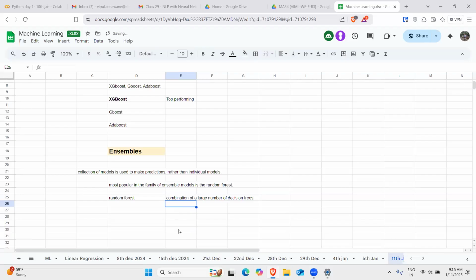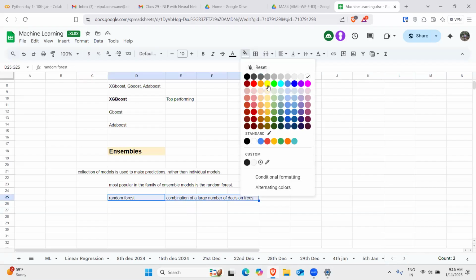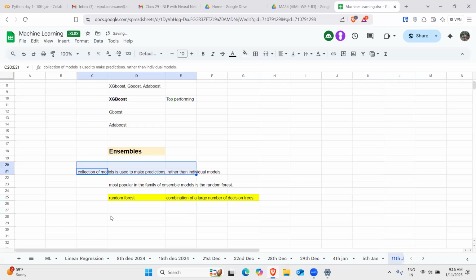In principle, ensembles can be made by combining all types of models. An ensemble can have a logistic regression, a neural network, and a few decision trees working in unison. So it's not like you only have a combination of decision trees. Random forest is a collection of decision trees, that is correct. But ensemble means we are using collections of models.